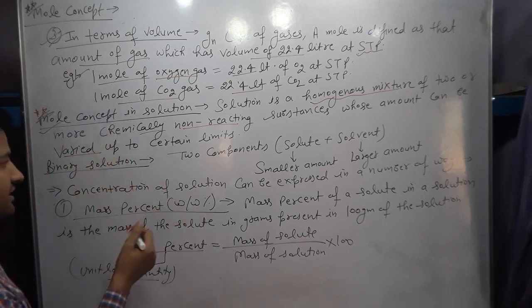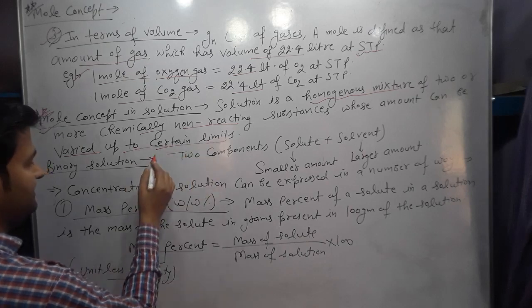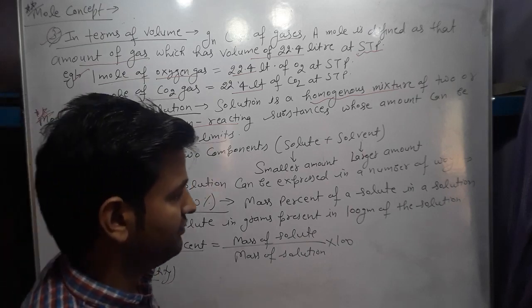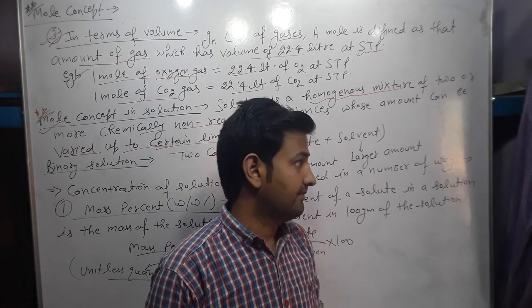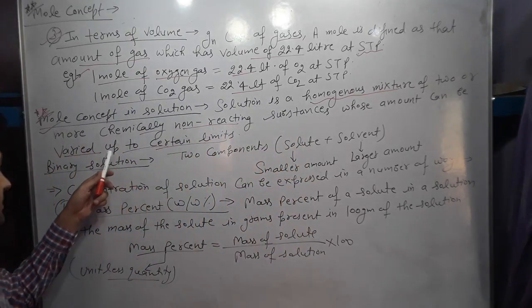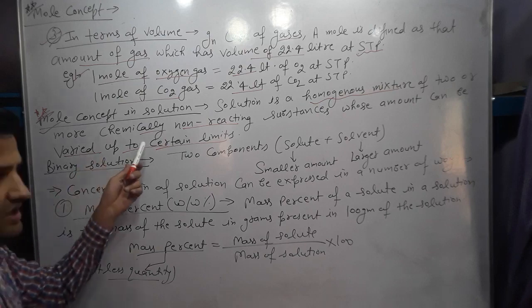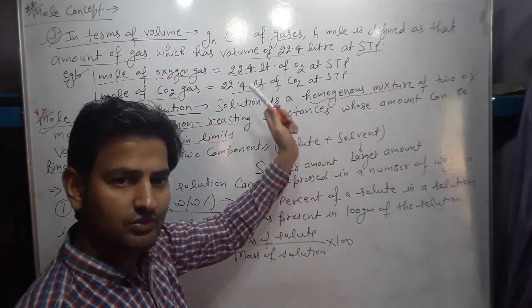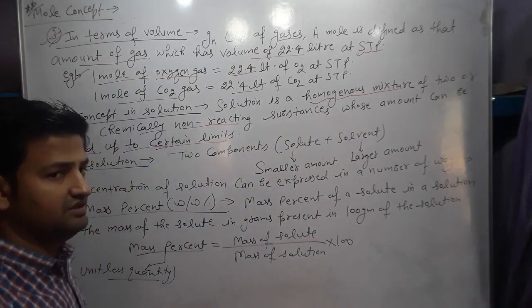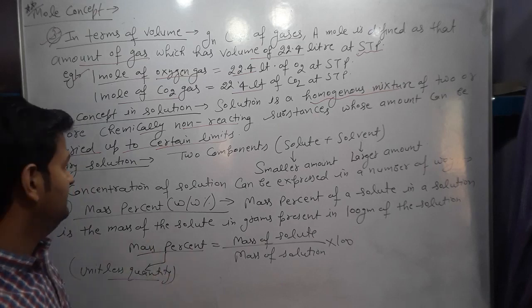Varied means different up to certain limits. Such mixtures, whose concentrations or amounts can be varied, are called solutions. So a solution is a homogeneous mixture of two or more chemically non-reacting substances whose amount can be varied.